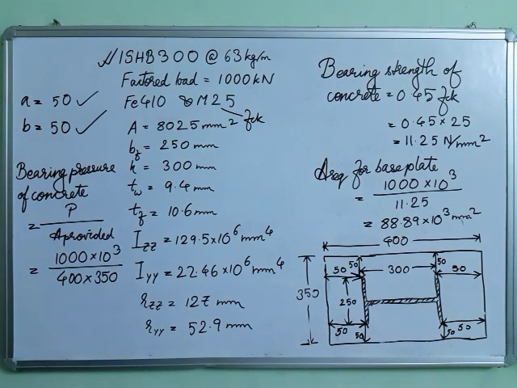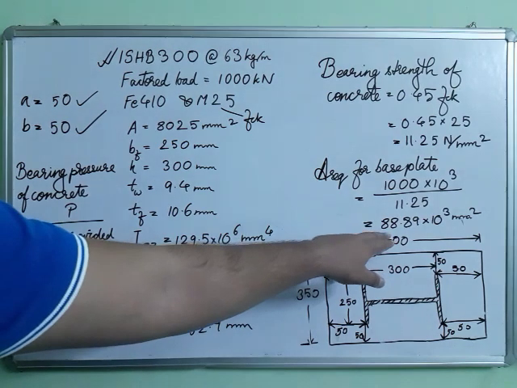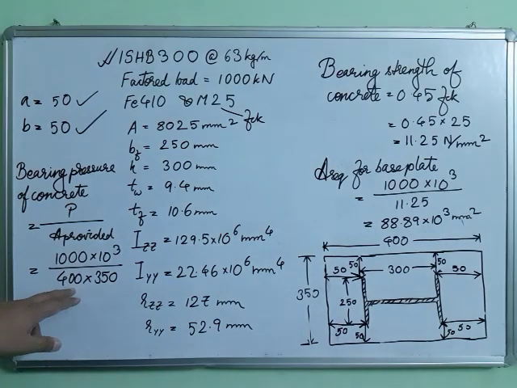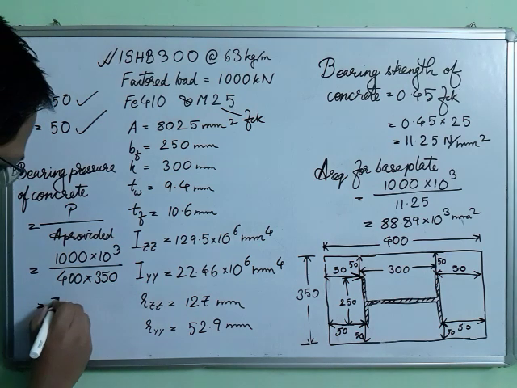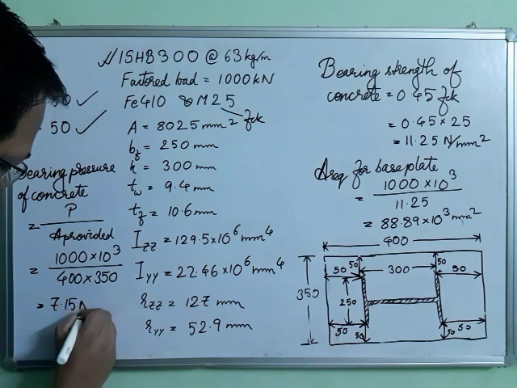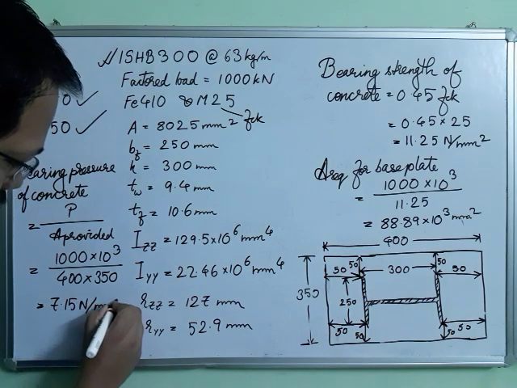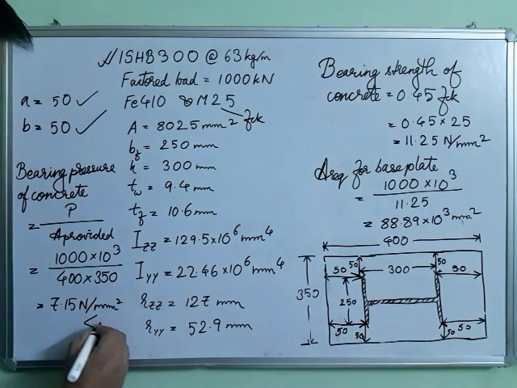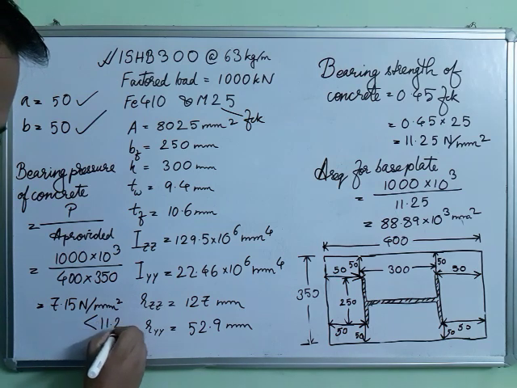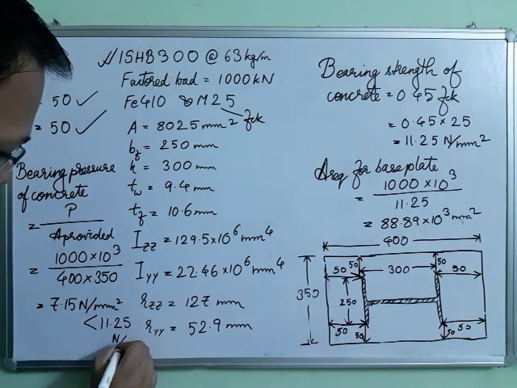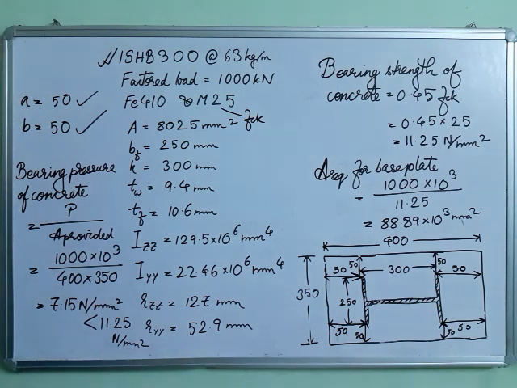Since we have given a higher area than required, the area required was 88.89, we are giving a higher area, so obviously the bearing pressure of concrete will be lower. So how much will it be?